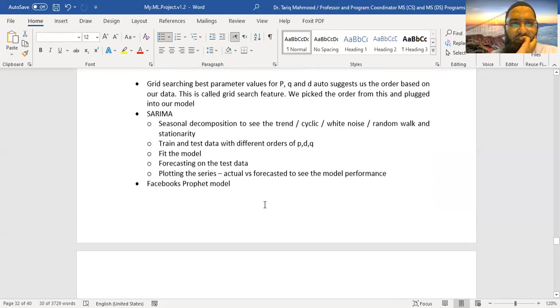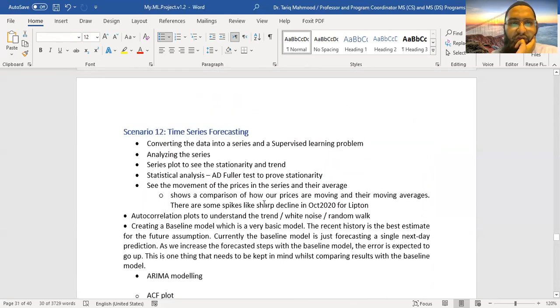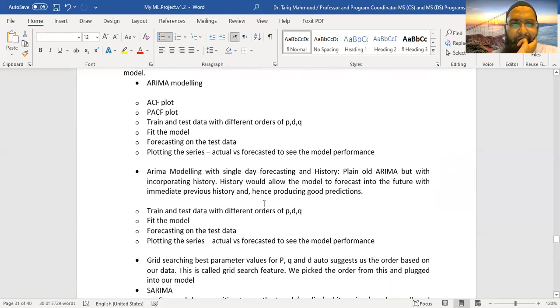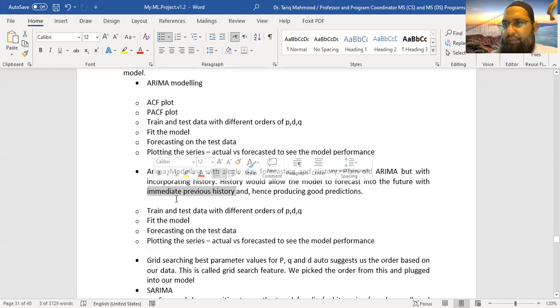So let me just check the ARIMA with history option. Here the history would allow the model to forecast into the future with immediate previous history, and hence produce good predictions. This is different from the traditional ARIMA, because in the history case we are forecasting with immediate previous history in mind, which is not what happens in the normal case.